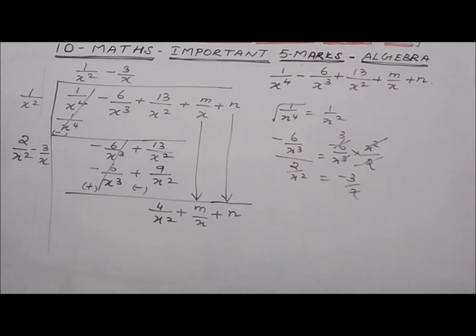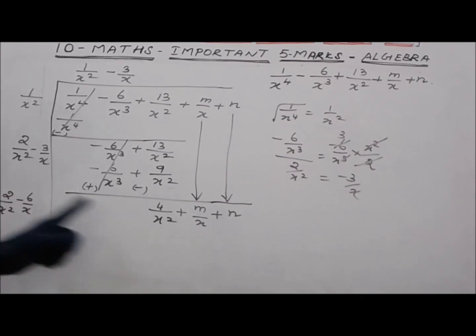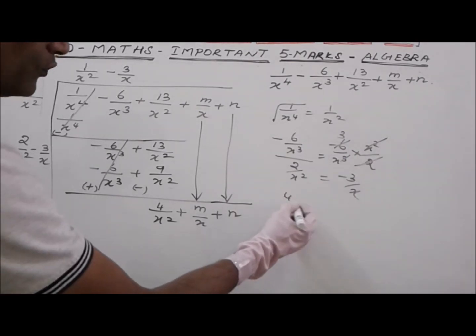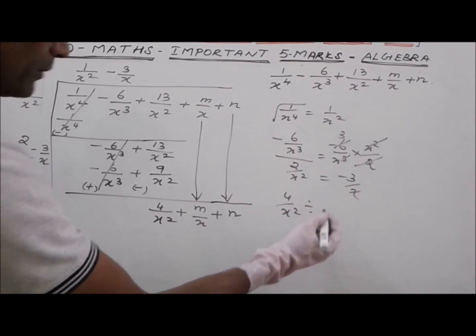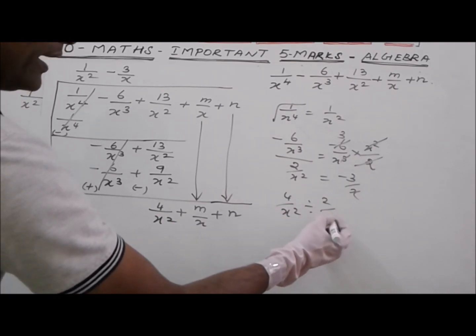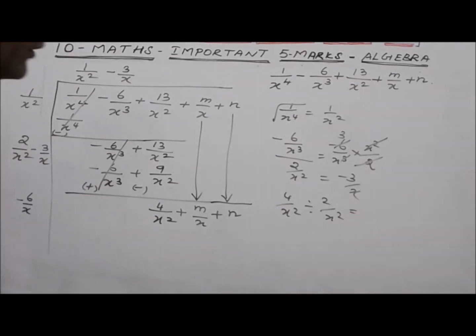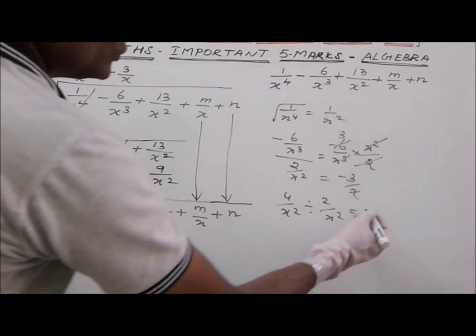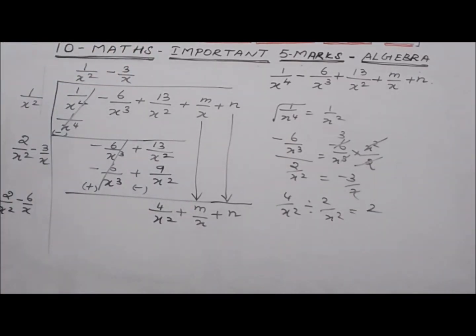And then now multiply the second term by 2, 2 by x square minus 6 by x, and then dividing the first term by the first term, 4 by x square divided by 2 by x square is equal to 2.